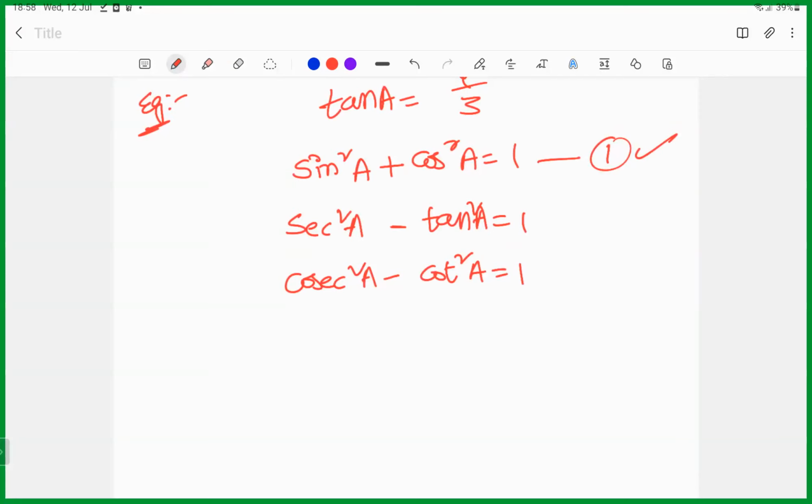Did you get it? The tan A 4/3? 5K is what? What answer? K value is 5. What is the 5K? What is reciprocal?